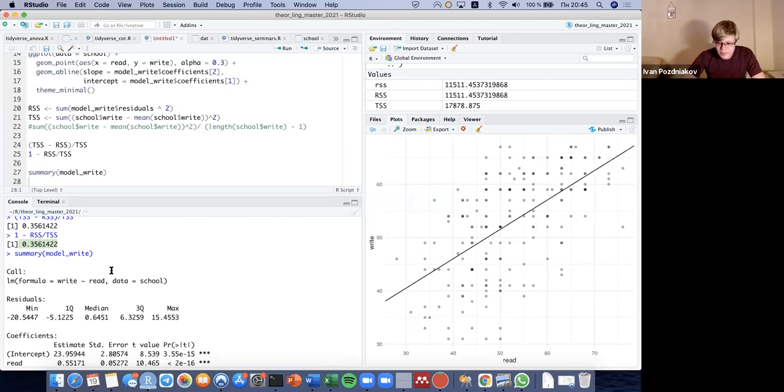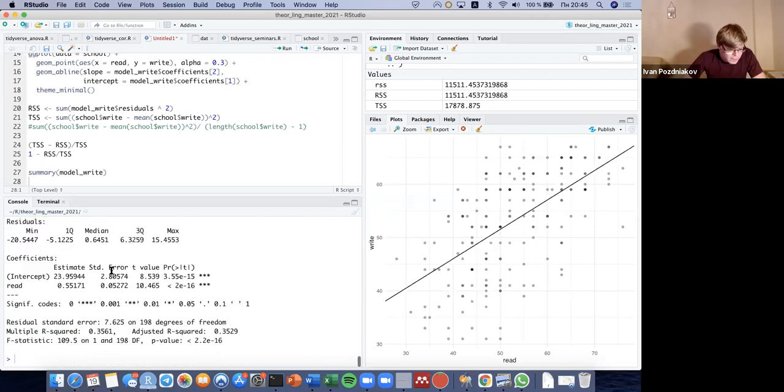Let's try to understand this R squared better. First of all, what do you think? Is it good or bad? Is it a big value or not? Can we even talk about whether this value is big or not? It means that it explained 36% of our data.